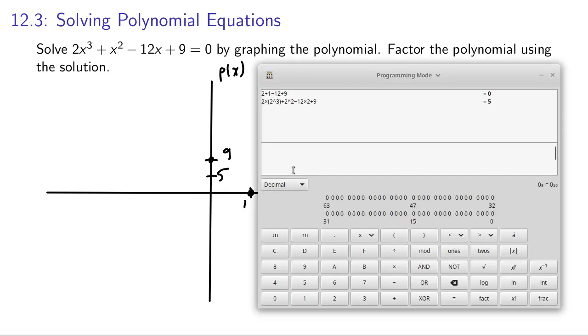How about 3? 3 might be really big. Let's try it. 2 times 3 cubed plus 3 squared minus 12 times 3 plus 9 is 36.